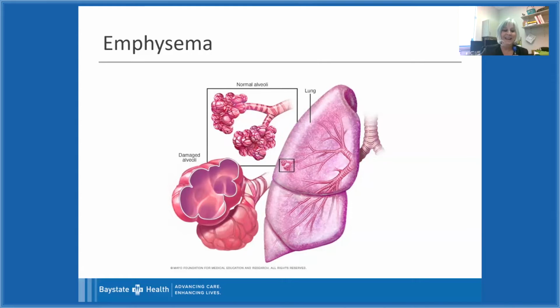And all those teeny tiny lines running through those round structures are the circulation. This bigger picture below the box is what the damaged alveoli, or air sac, looks like. You can see it's not as nice and round. It's kind of saggy, and doesn't look as healthy as the picture above. And like I said, if enough damage is done, the lungs are not able to get that oxygen into the bloodstream.